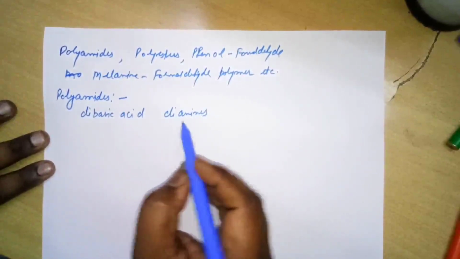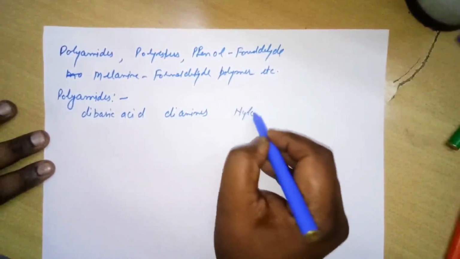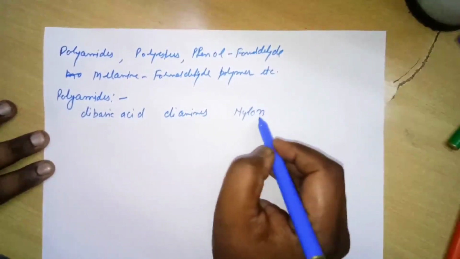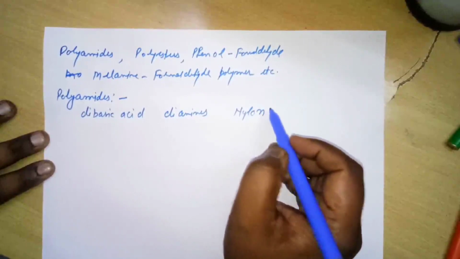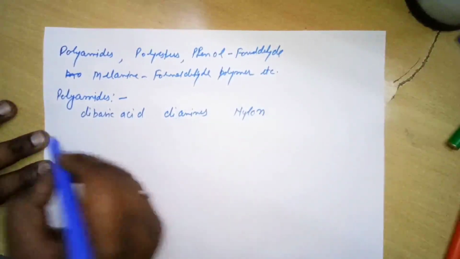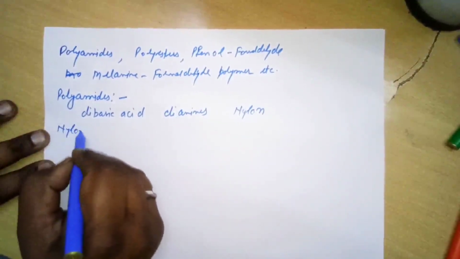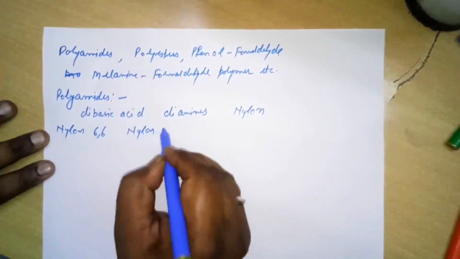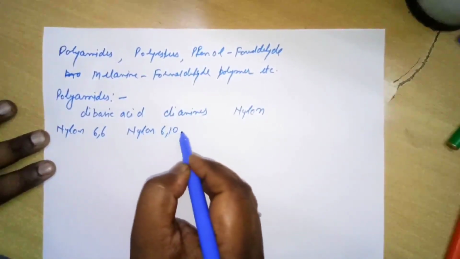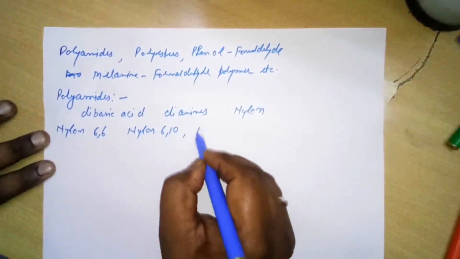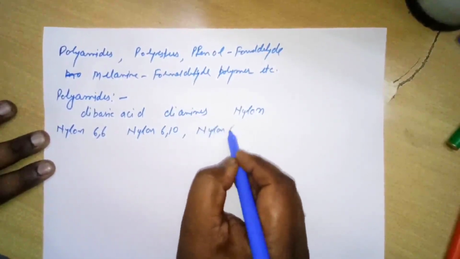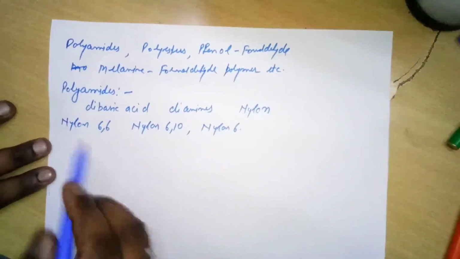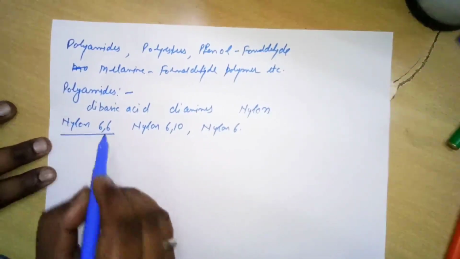These polymers are commonly known as nylons. Examples are nylon 66, nylon 610, nylon 6. First we will take the preparation of nylon 66.